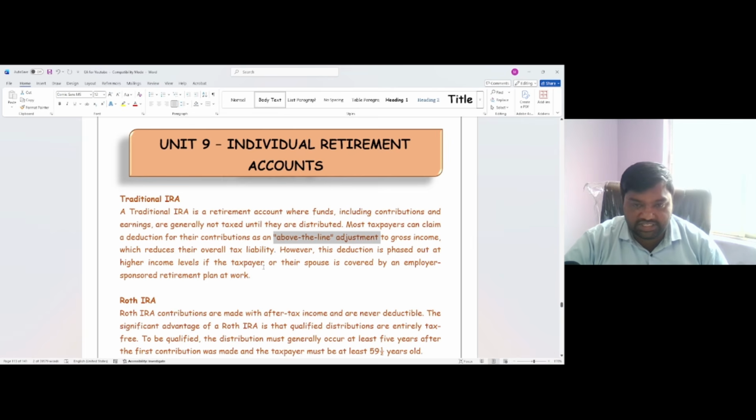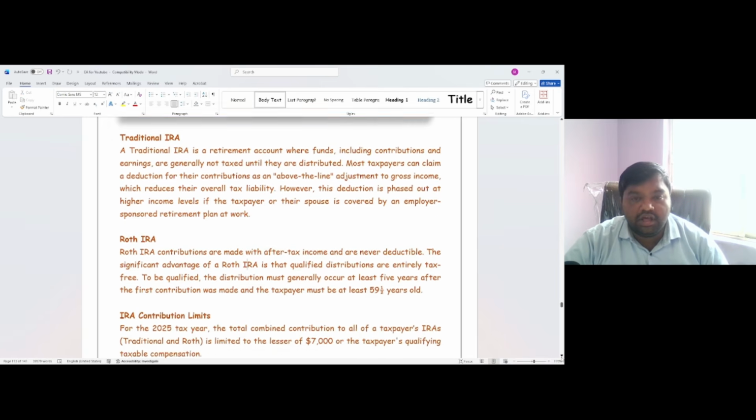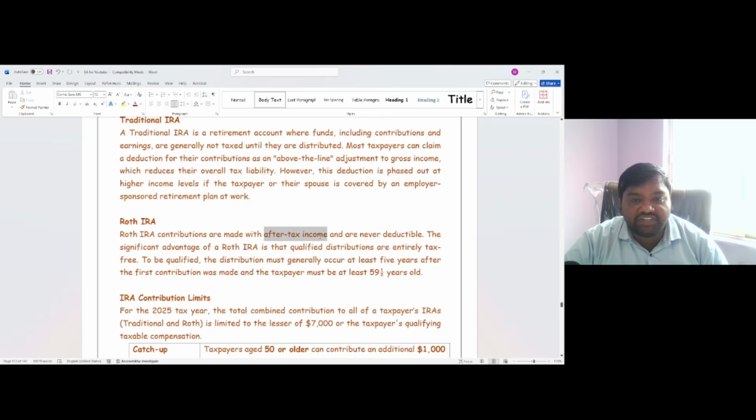So this was discussed. Roth IRA contributions are made with after tax income, and they are never deductible. Whatever withdrawals you make are tax free. For that withdrawal, there are some conditions I have already told. The account must be 5 years old and you should be at least 59.5 years old.